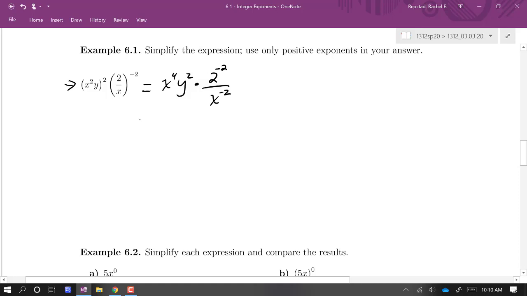And then we can flip it: x to the positive 2 over 2 squared. And then overall, we have x to the 6th y squared over 4.